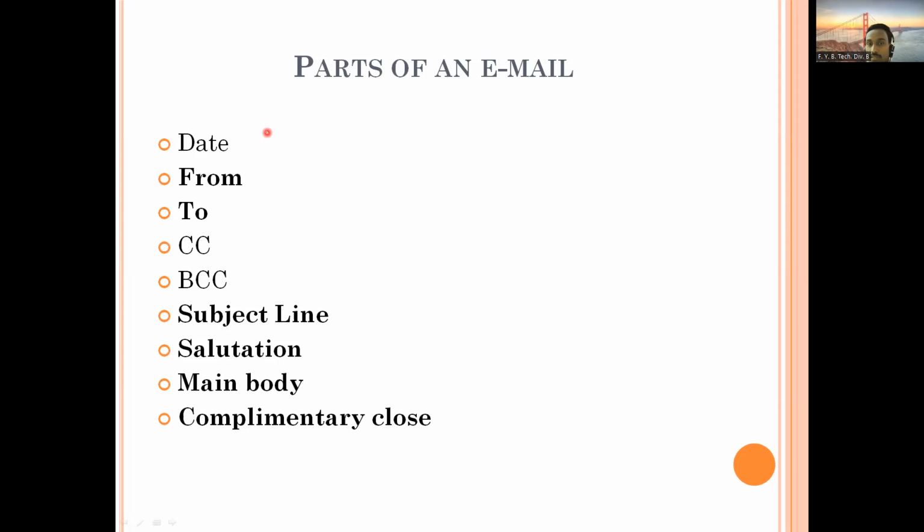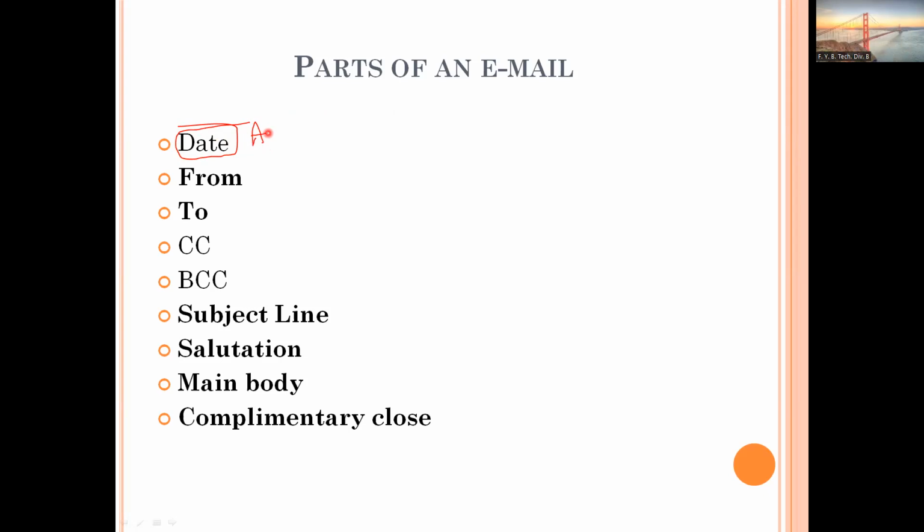It says the first parts of an email. First of all, there is a date. What do you mean by this date? Do you need to write a date in an email, or is it automatic, recorded by the internet? You need not write dates here.